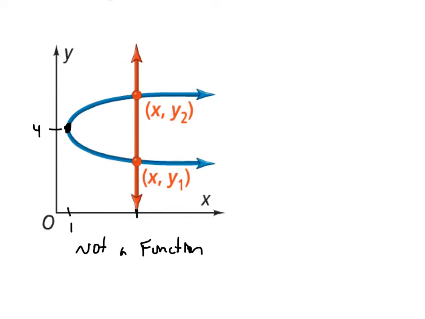Let's say this is 4 on the x, and let's see here, this is 3 and this is 5. So by doing that, I can now say where those 3 points are located. Okay, I've got that black point located at 1, 4. I've got the first red point located at 4, 3. And I've got the second red point located at 4, 5.